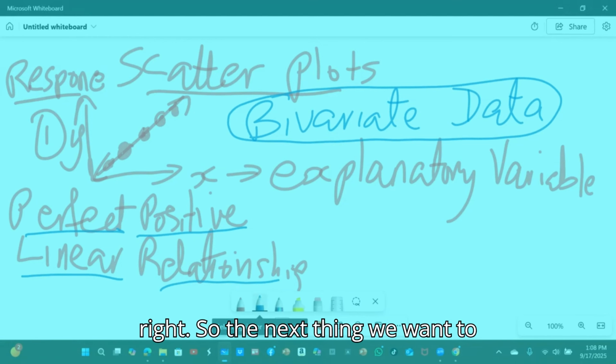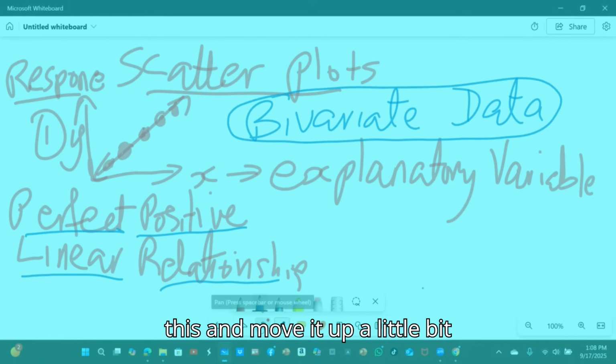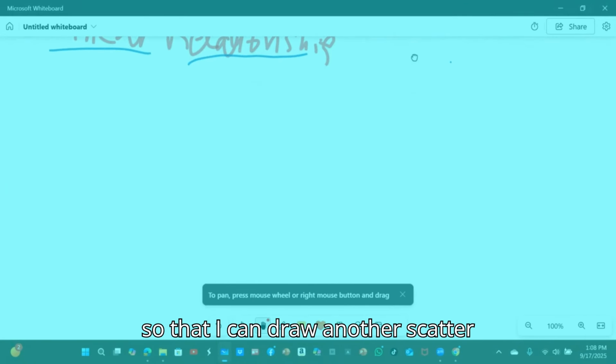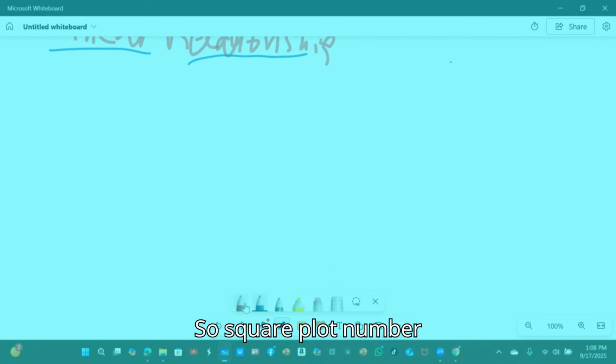All right, so the next thing we want to do is go to another kind of scatter plot. So I'm going to grab this and move it up a little bit so that I can draw another scatter plot. Scatter plot number two.